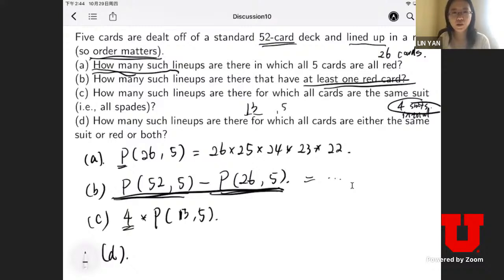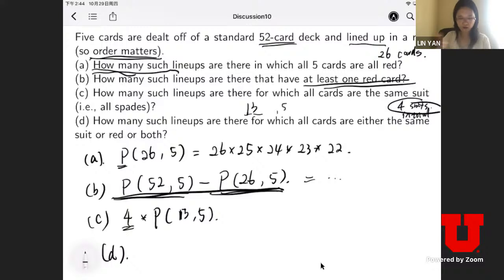We want to add together the total number of lineups that have the same suit and the total number of lineups that are all red. And then we need to subtract the lineups that are both red and in the same suit, because the first two items overcount that possibility.